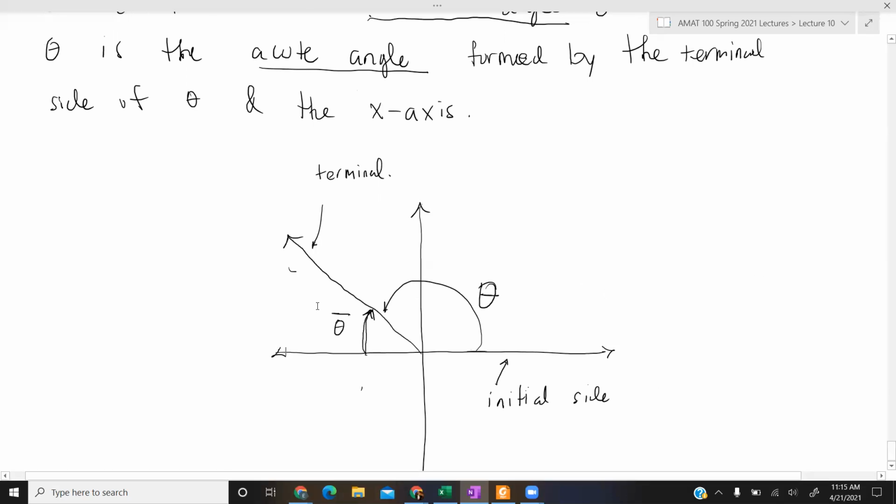Sometimes the angle and the reference angle will be the same. For instance, if you rotate the initial side to some position in just the first quadrant, then theta and theta bar will be equal, but in general they might not be equal.